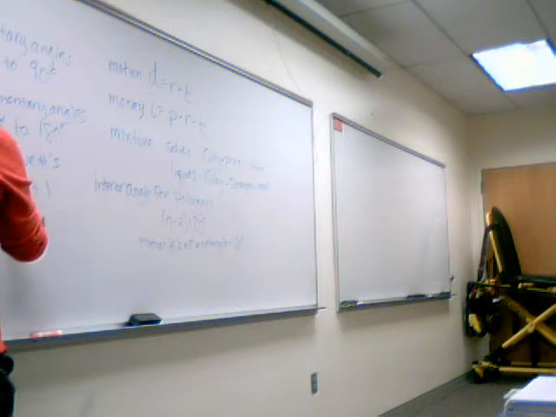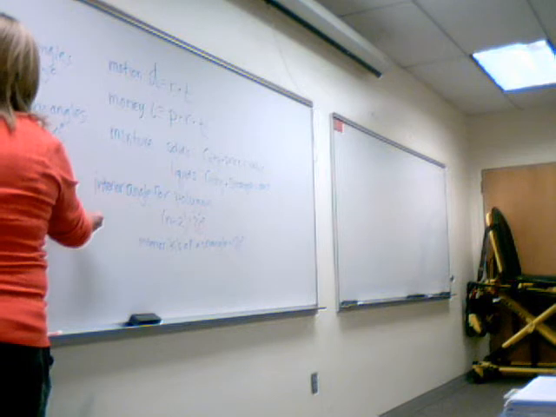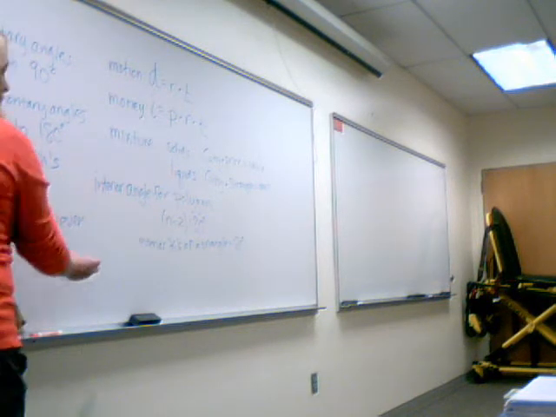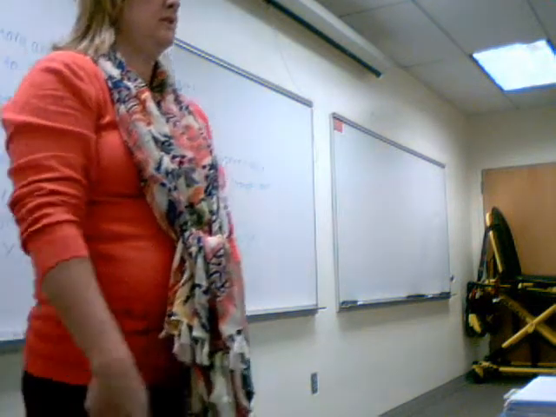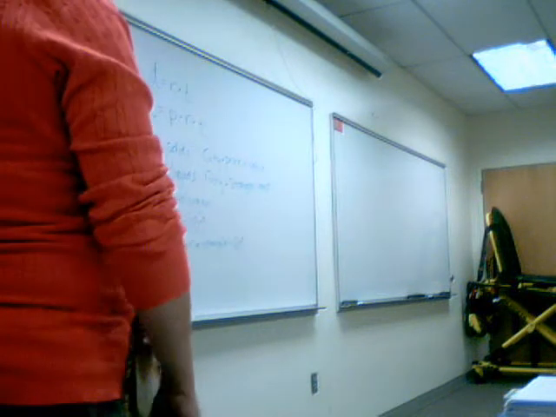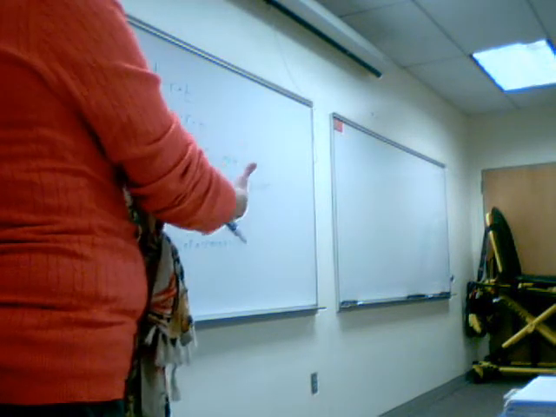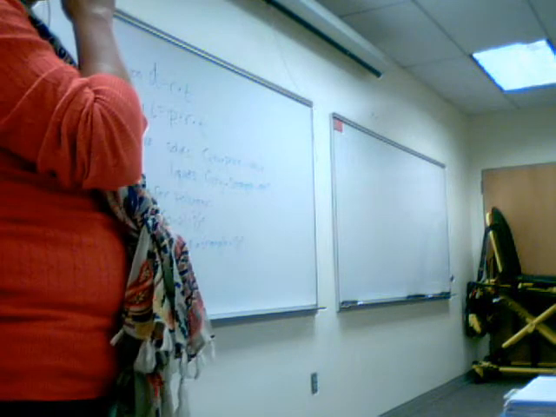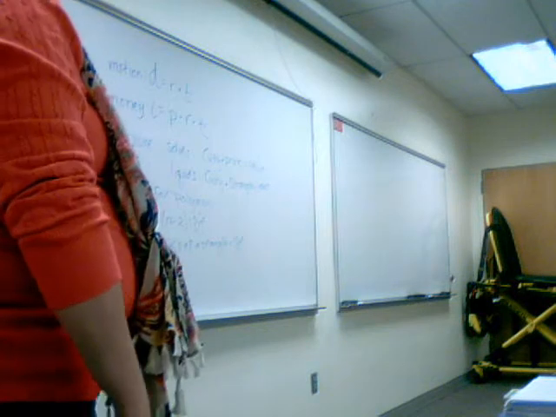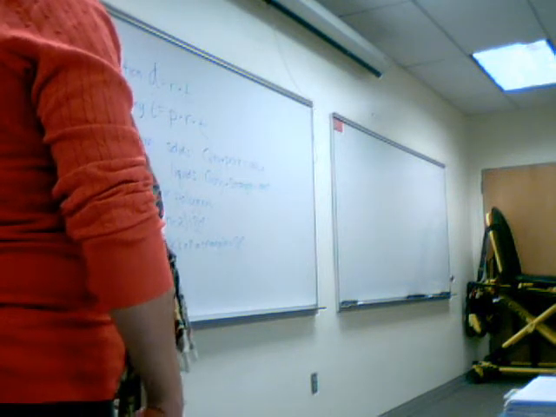Consecutive odd or even would be x and x plus 2. We're going to do a problem like that today in the review. So if they ask you to represent consecutive numbers, it's x and x plus 1. Odd or even would be x and x plus 2. I think that's enough for your key facts. Pick 5 of those, but all of it you need to know for the test.